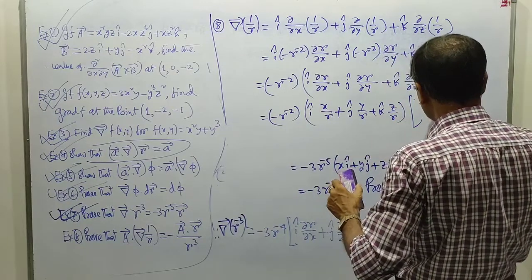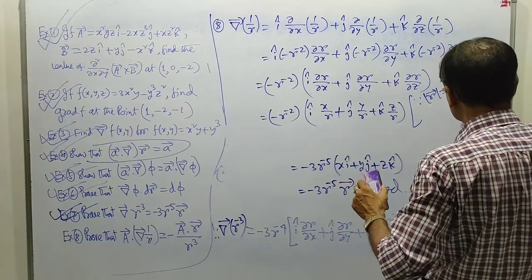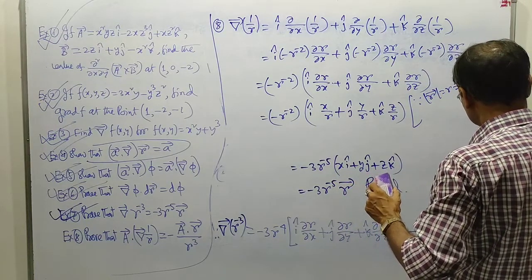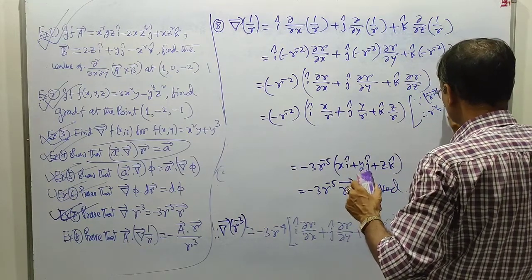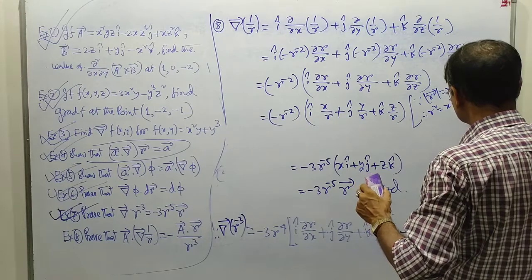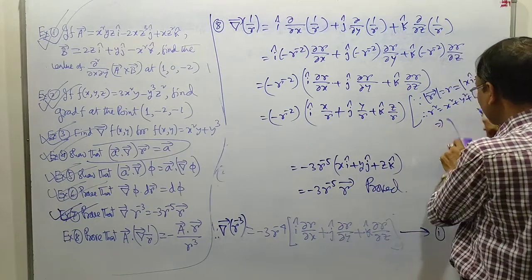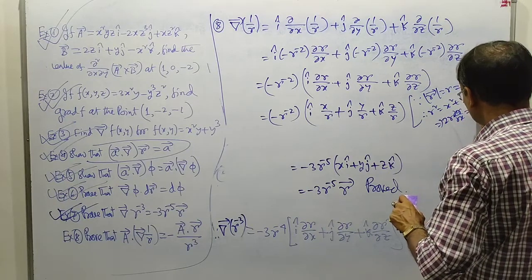Since r vector modulus equal to r equal to mod of x i cap plus y j cap plus z k cap, therefore r square is equal to x square plus y square plus z square. This means twice r del r by del x equal to twice x.